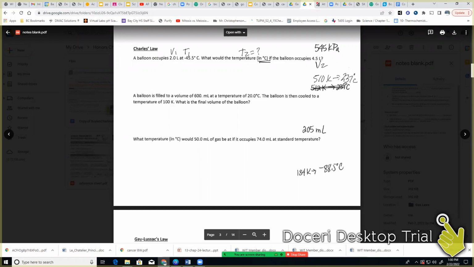So my final answer needs to be in Celsius. It seems like I should be able to leave that temperature in Celsius, plug it into the formula and get my answer, but you will not get the right answer. Even if you want your final answer to be in Celsius, you still have to put it in Kelvin to go into the formula. So I'm going to take my negative 45.5 and add 273.